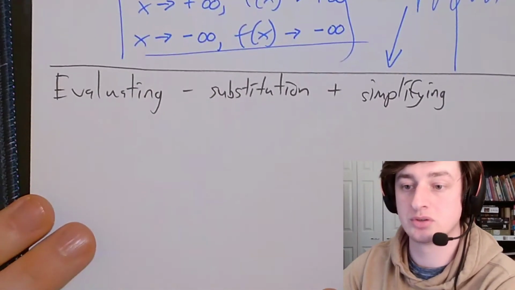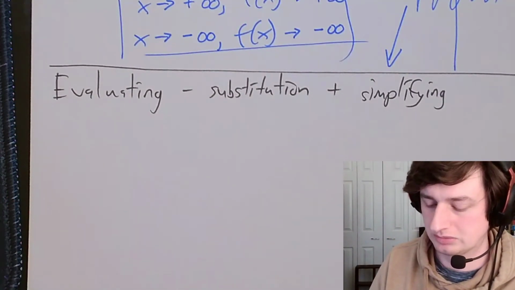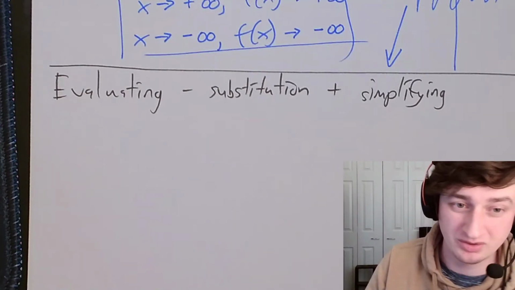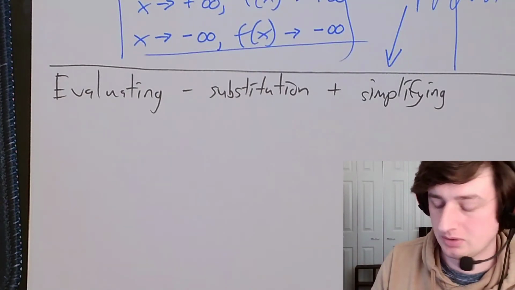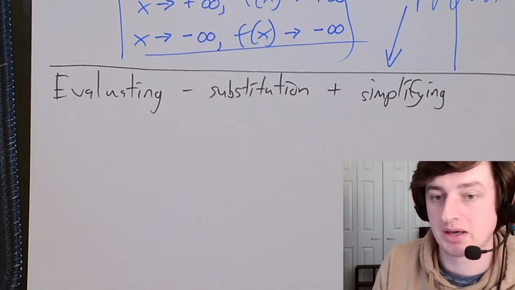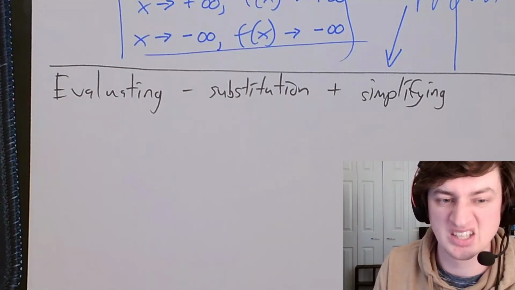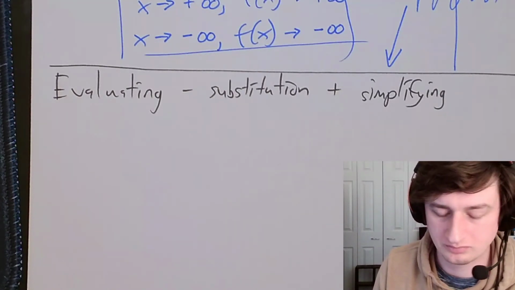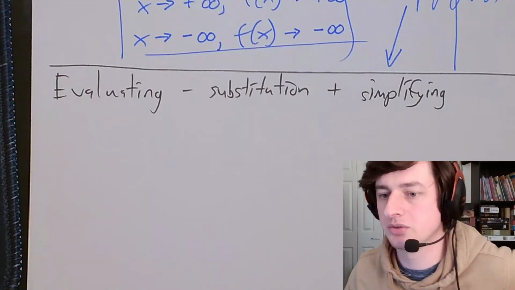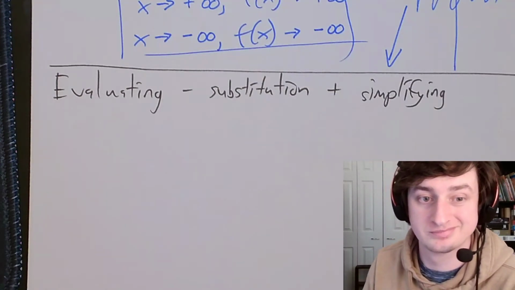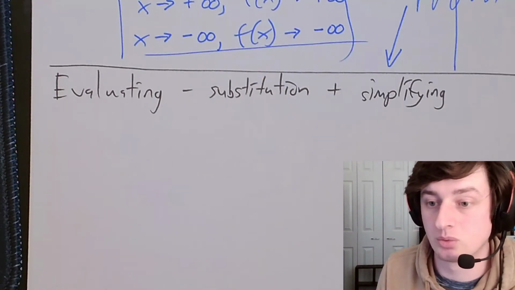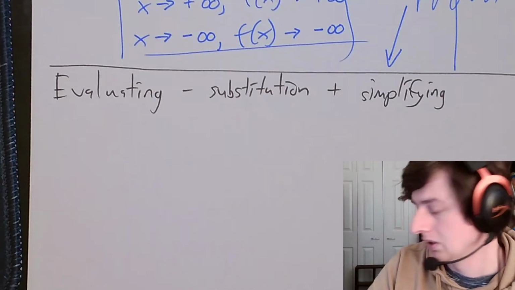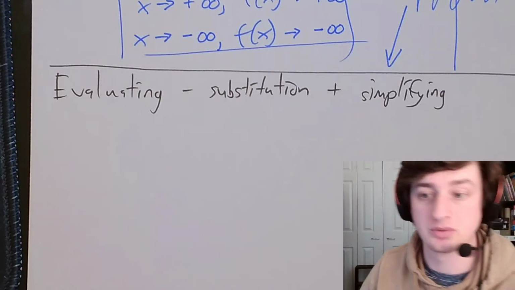We're going to substitute a value into our function, and then we're going to simplify it. So we're going to get rid of all the variables because we're going to put a number in, and we're going to simplify it until we have a single number left. You've done this before, but probably not on the scale we're going to do it. So we're going to have lots of terms, or a few terms, that we need to substitute into and simplify.